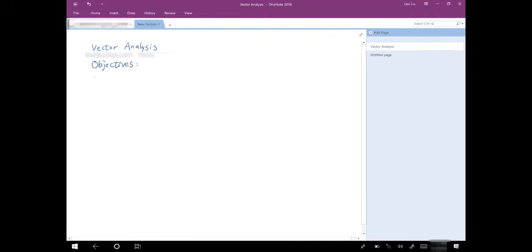Objectives. So for objectives, you need to understand and write vectors.